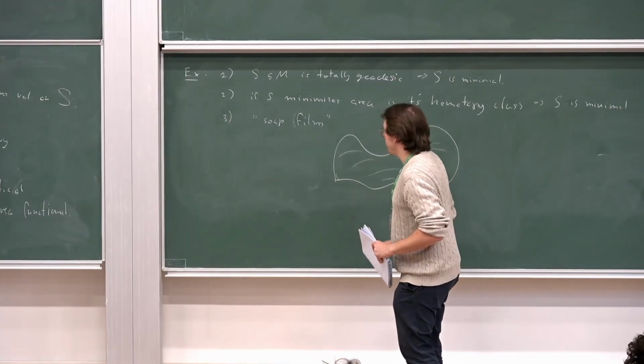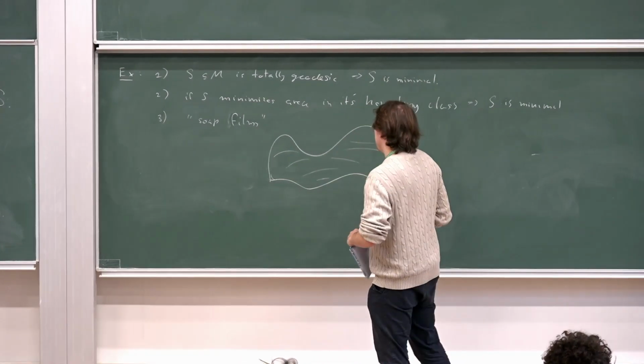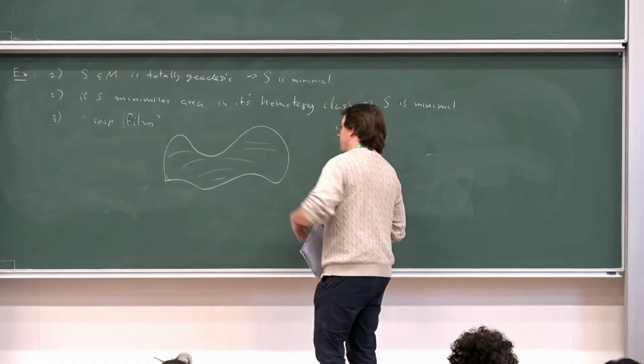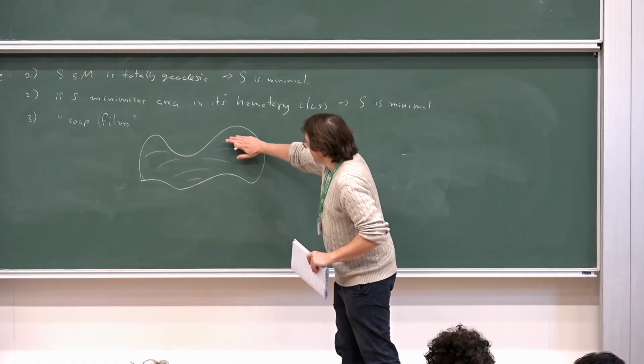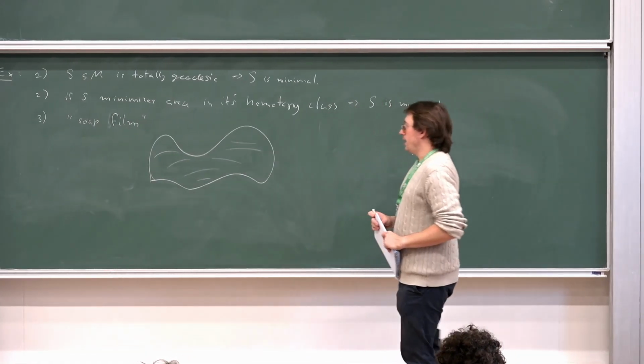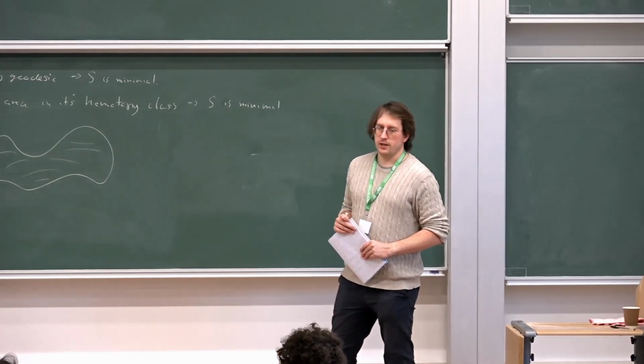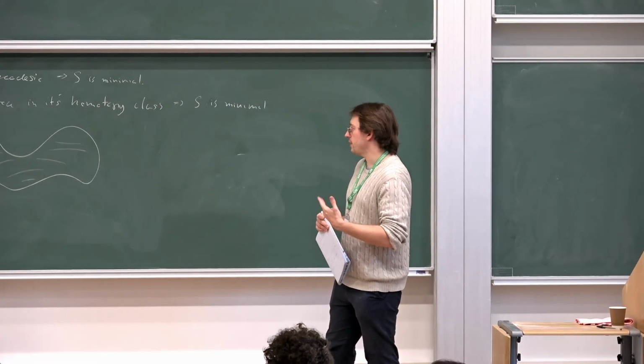Here, this is maybe a little bit different case because you have this boundary which is fixed, but locally, when you would try to move it a little bit, infinitesimally you wouldn't change the area.